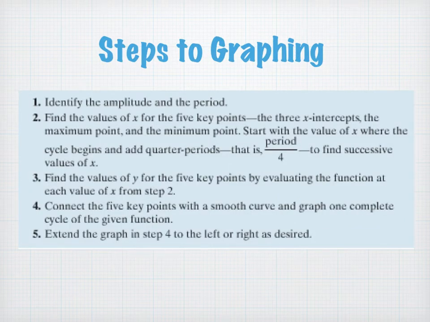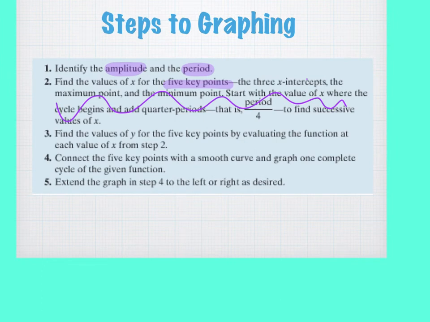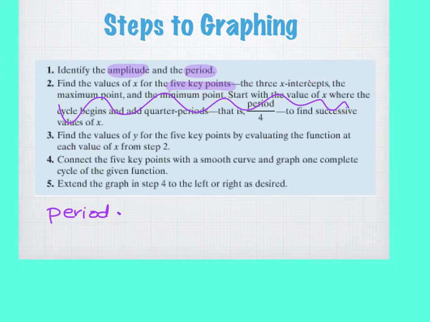Those are the first things we're going to find. So we're going to identify the amplitude and the period, and then find the 5 key points. Now this says to take your period and divide it by 4 and then add. I actually choose, because I have seen what happens when you add fractions, to take the period, once you find it, and multiply it times 1/4.